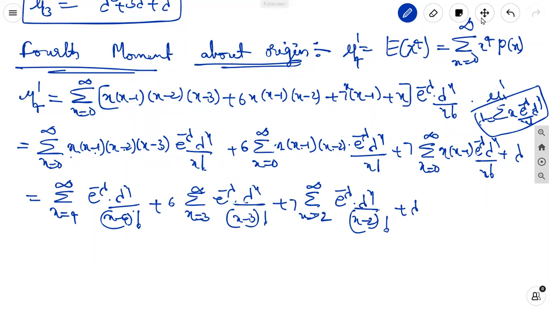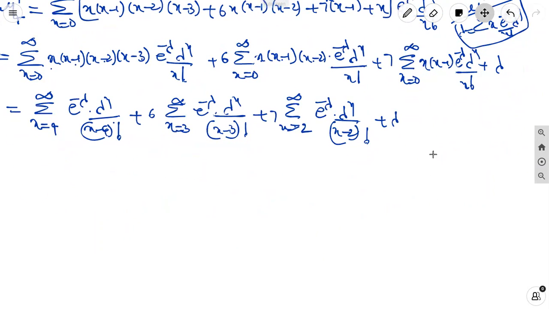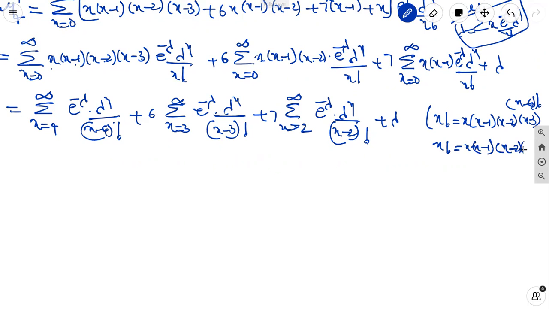Here clearly x factorial can be written as x into x minus 1 into x minus 2 into x minus 3 into x minus 4 factorial. These four are eliminated. Similarly x factorial can be written as x into x minus 1 into x minus 2 into x minus 3 factorial. What we want, we can write it up to there and factorial only.